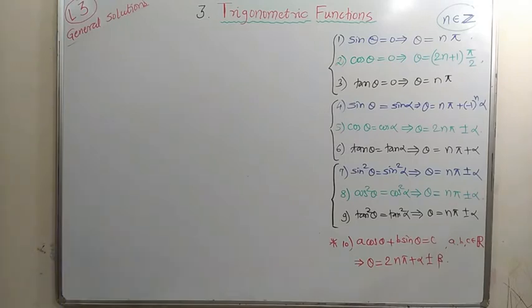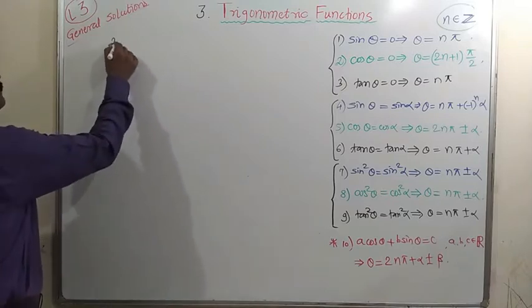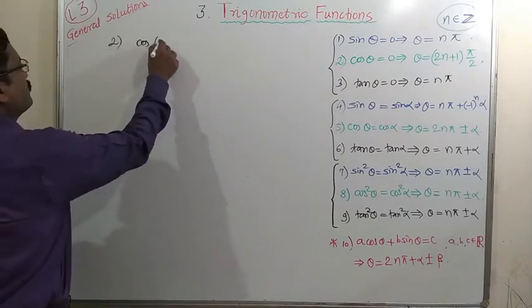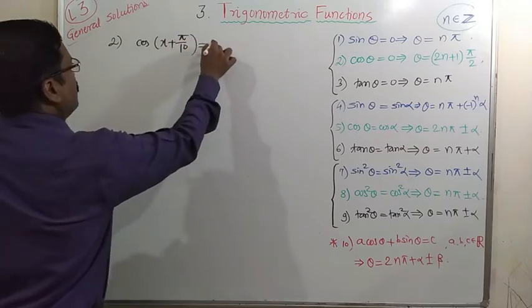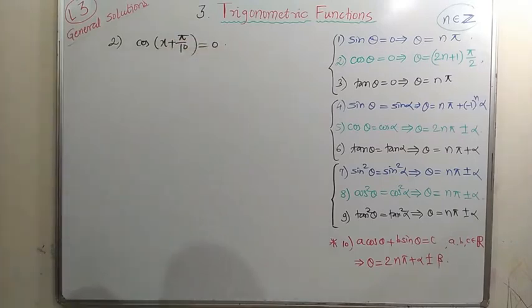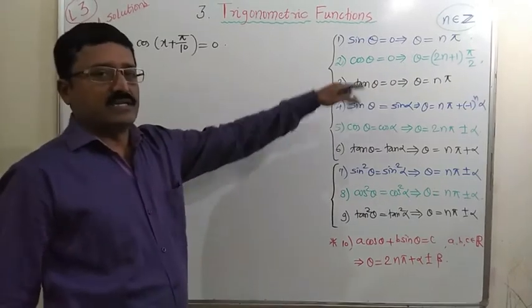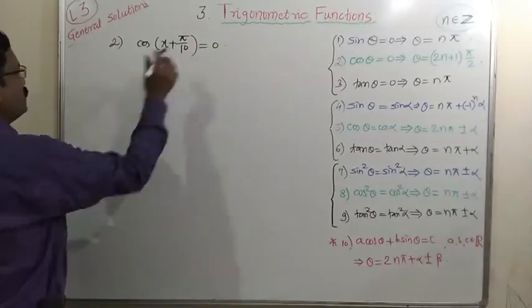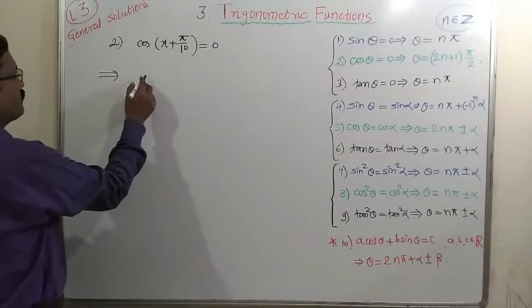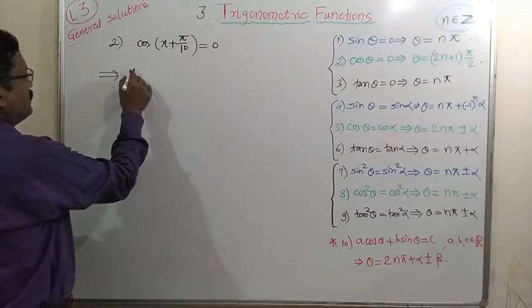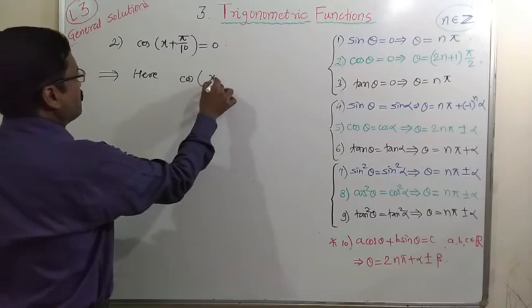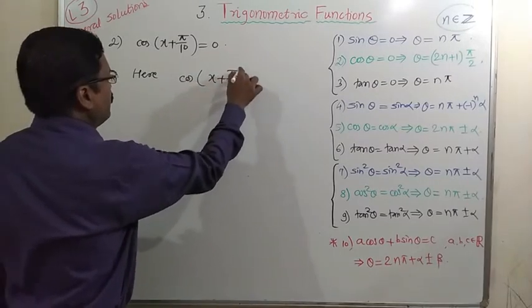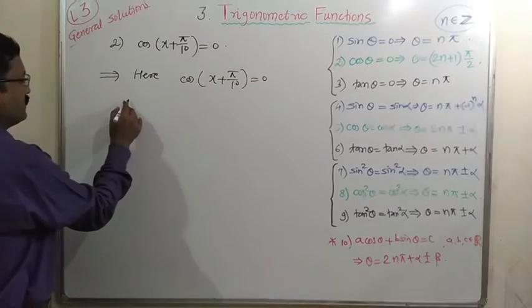That is cos of (x plus pi by 10) equal to 0. Obviously it is similar to the second formula, because here cos theta is equal to 0 is given. So here we will write, given cos of (x plus pi by 10) equal to 0.